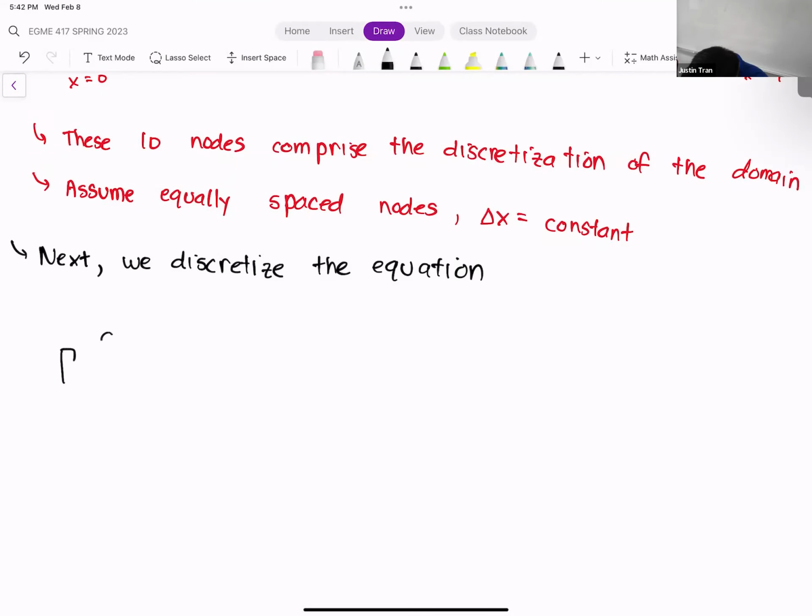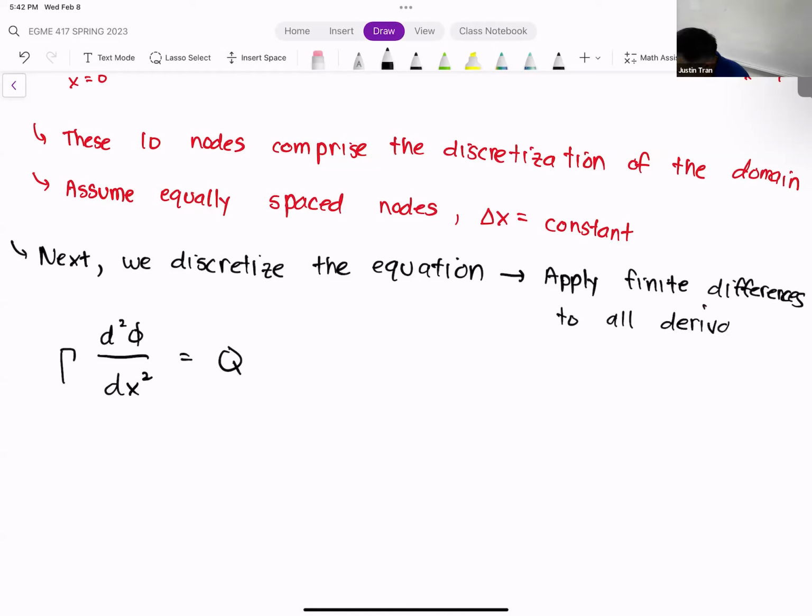When I say discretize, what I basically mean is that we're going to apply some kind of computational technique to transform this into an algebraic equation. For this first unit, that technique is finite differences. We're going to apply finite differences to all the derivatives. The only derivative we have here is that second order derivative, and so we're going to apply our central differencing scheme to that.